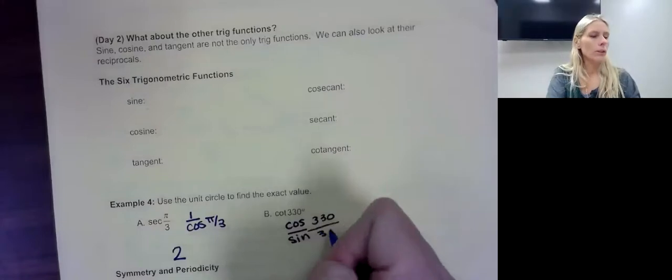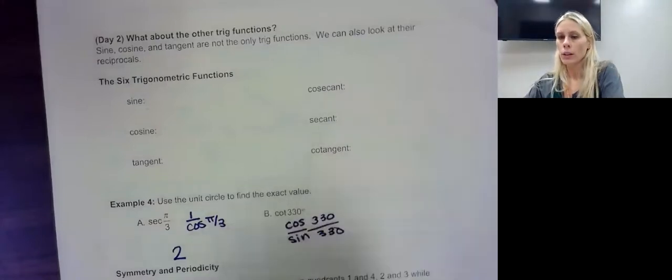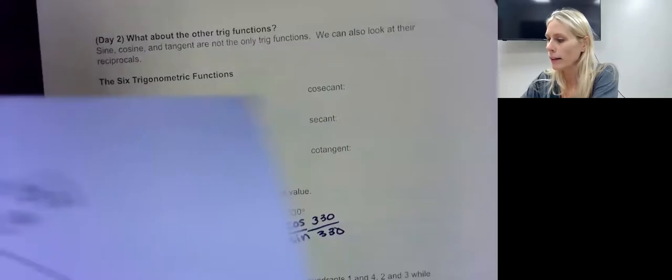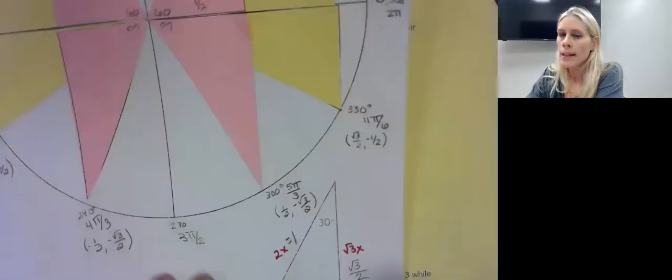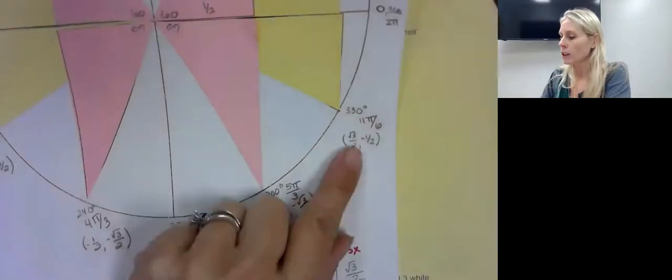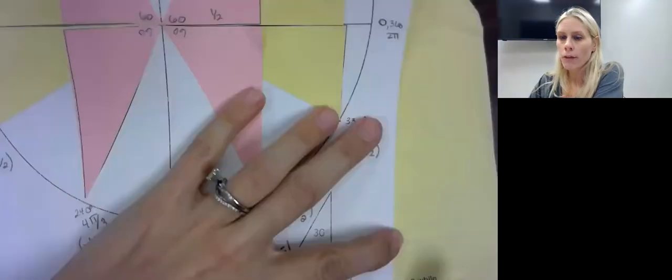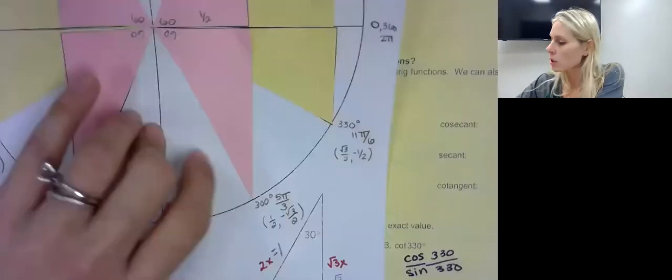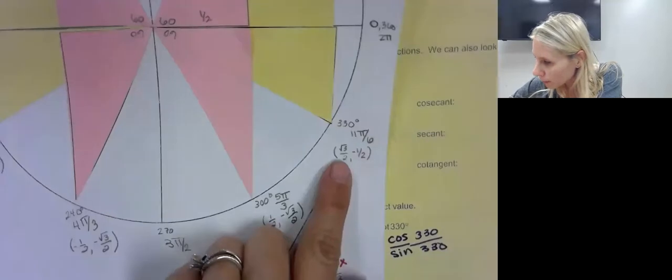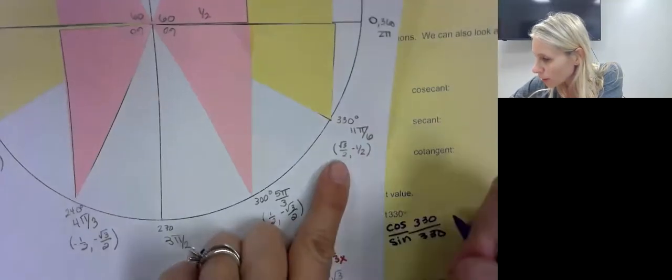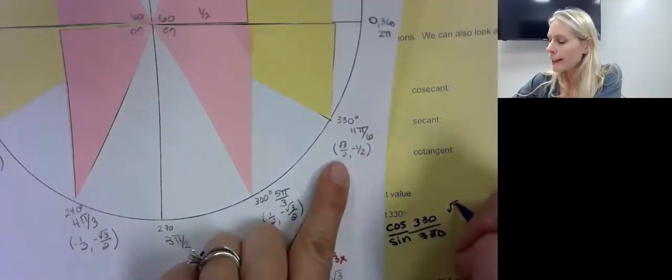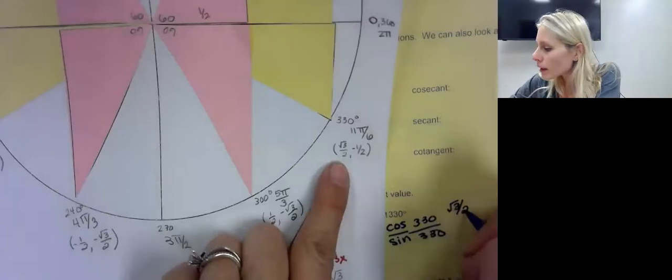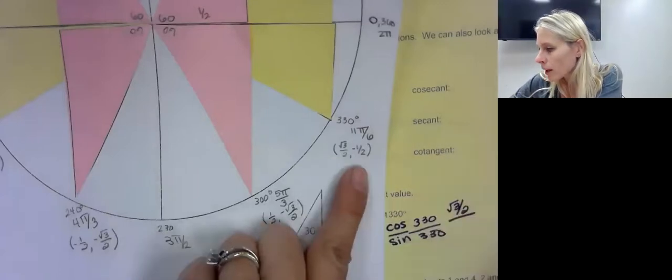So what we're going to do is find our 330 on our unit circle, and I see it's right over there. Now I'm going to write my fractions in their place. Cosine, of course, is our first coordinate, so we get square root of 3 over 2, all over sine at 330, which is negative 1/2.